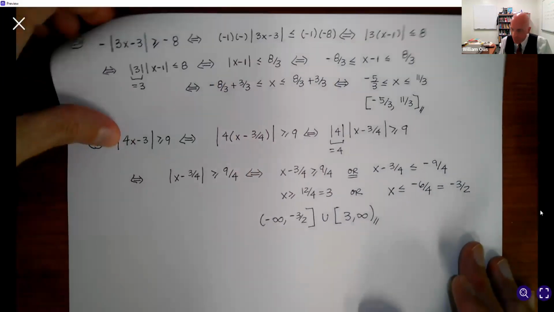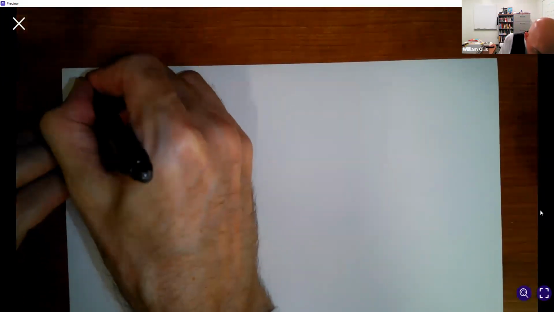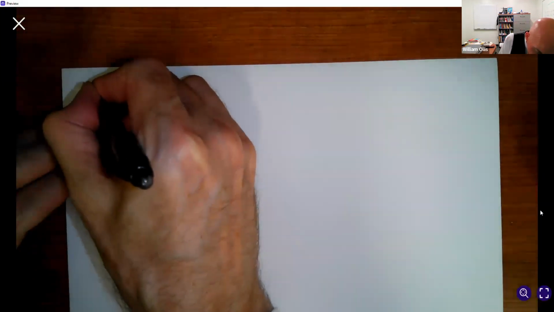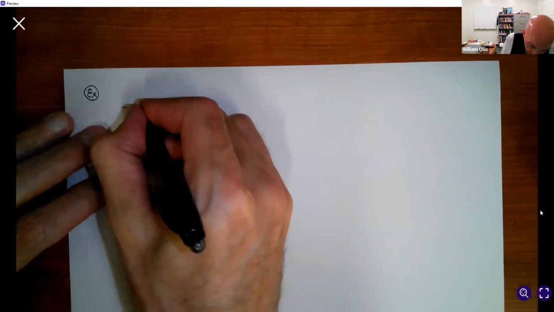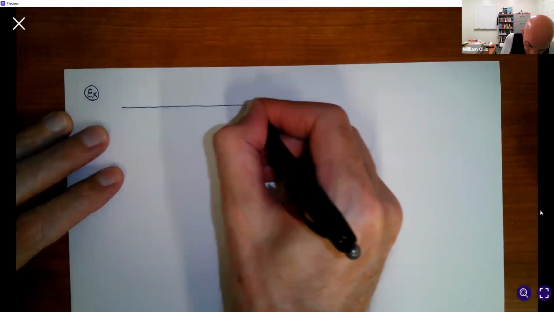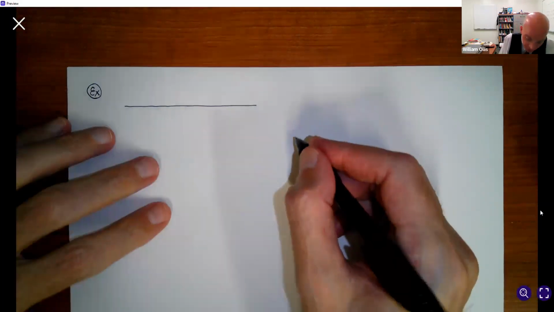So let me give you an example of how we might be thinking about symmetric intervals. When you think about it in calculus, for instance, say we have a number line. I'll show you how we can think of absolute value in a way that may surprise you.